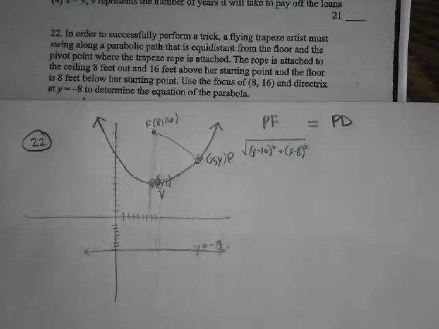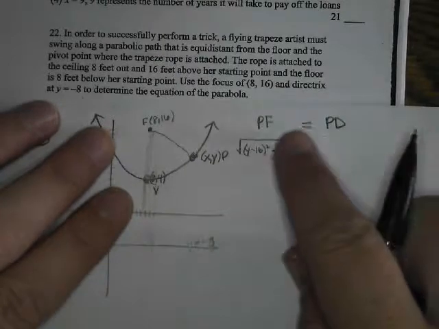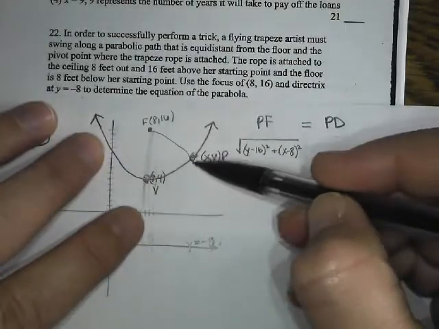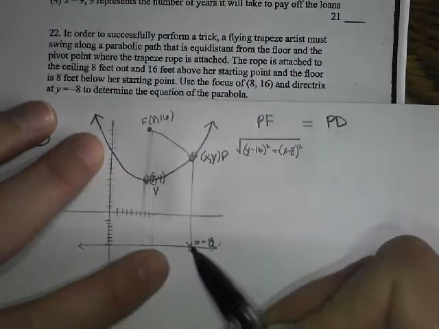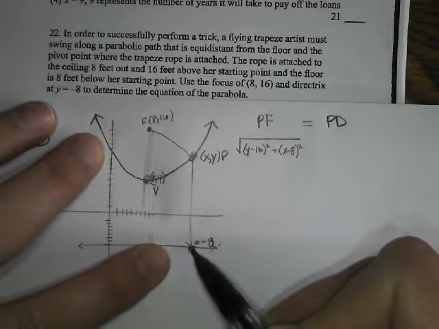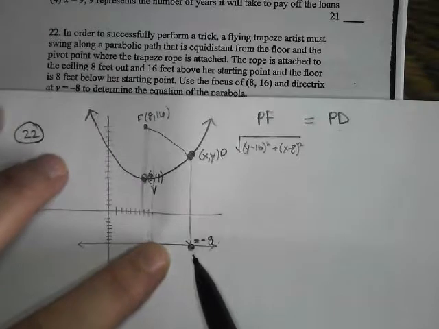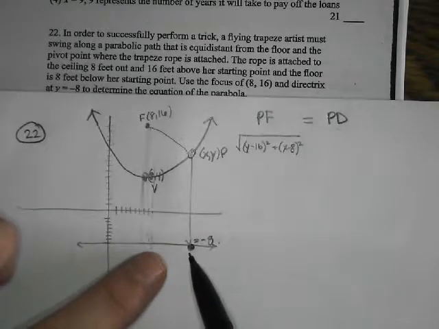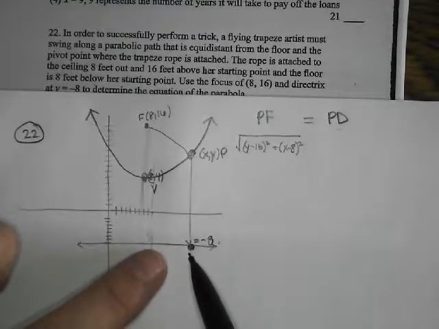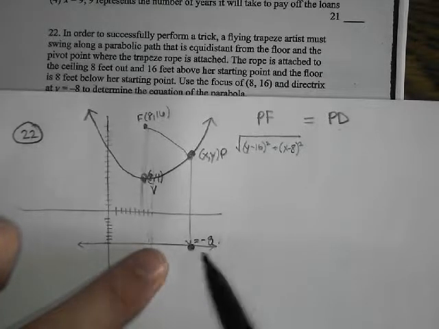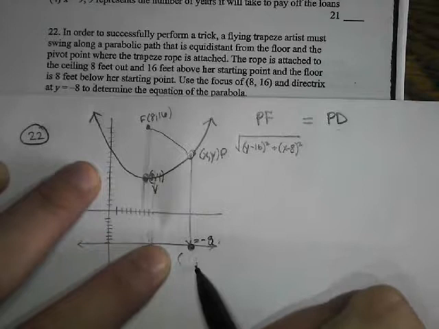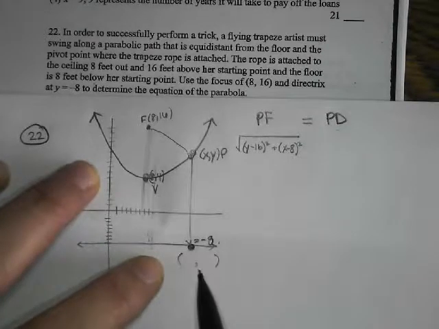Now, point to directrix. We need to come up with a point on the directrix. What would the coordinates of that point be, Alexis? No, I'm looking for the coordinates of this point. X comma negative 8.